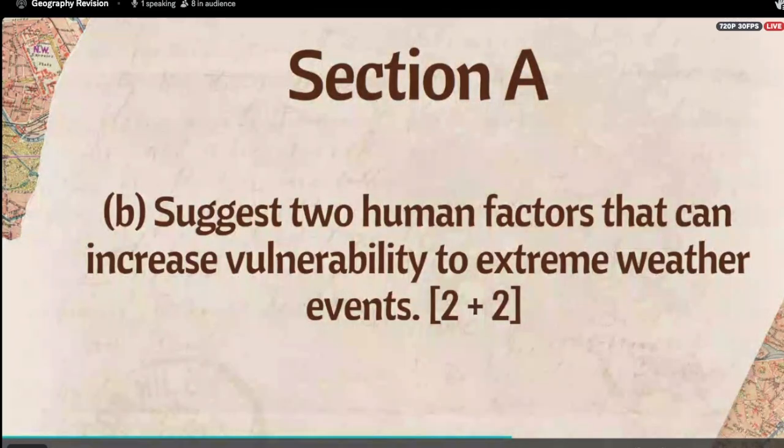You can make your explanation very brief. You could say due to poverty, people live in areas that are more at risk or poorly managed against extreme weather events. Something like that, just related to the question more. But what you did was really correct.